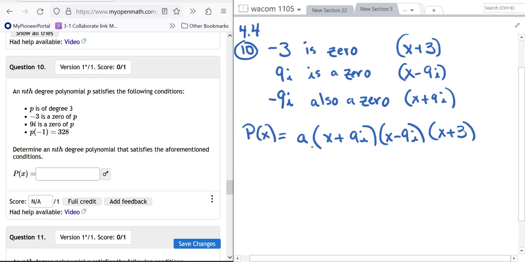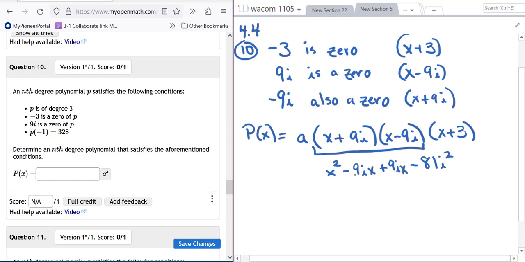All right, so I'm going to multiply these, and this gives me, with a FOIL, x squared minus 9ix plus 9ix. And when you multiply conjugate pairs, the outside and inside should cancel. So minus 81i squared.